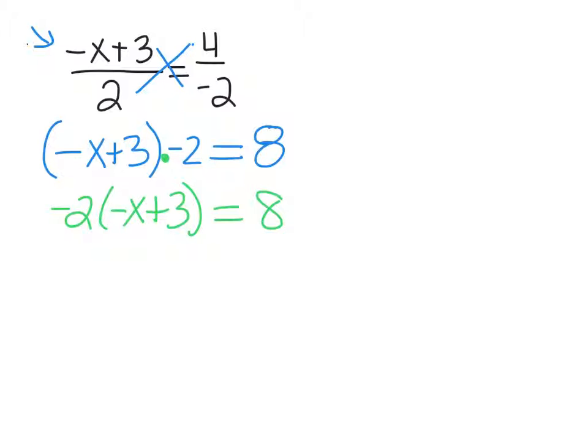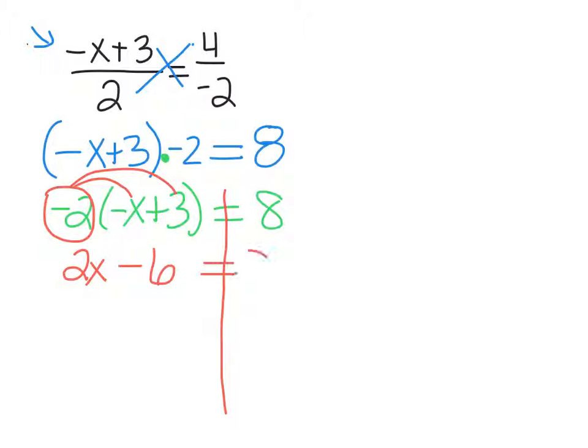All right, so now we're going to distribute, just like when we would solve any equation. We take the number in front of the parentheses and multiply it by each term in the parentheses. So negative 2 times negative x is positive 2x. And then negative 2 times 3 is negative 6, equals 8. Now we're going to proceed to solve from here. We need to get our x alone, so we have to get rid of the 2 and the negative 6.